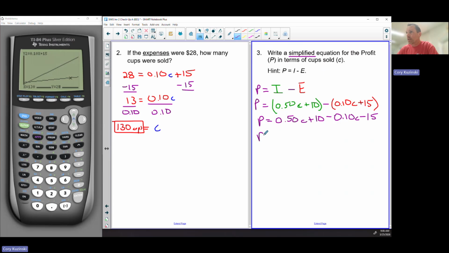Now we're getting a little closer. I see this 50 cents per cup minus this 10 cents. That's going to be a profit of 40 cents per cup. And then I see this $10 we were gifted minus our $15 in startup costs. 10 minus 15 is negative $5. So there's our profit equation.